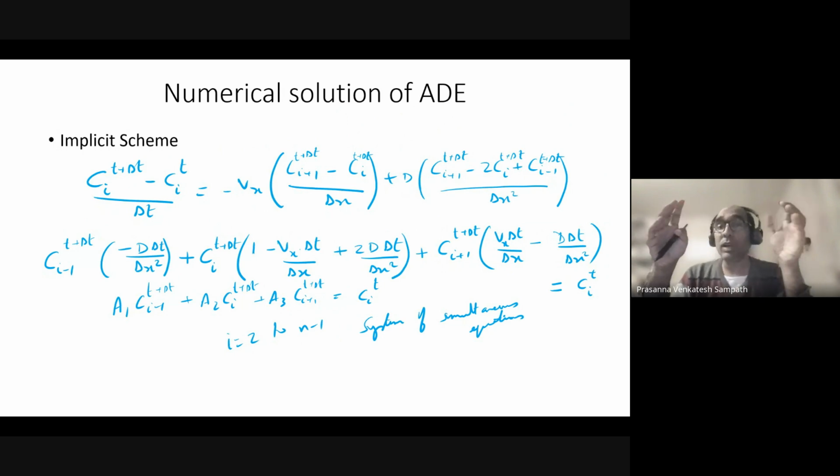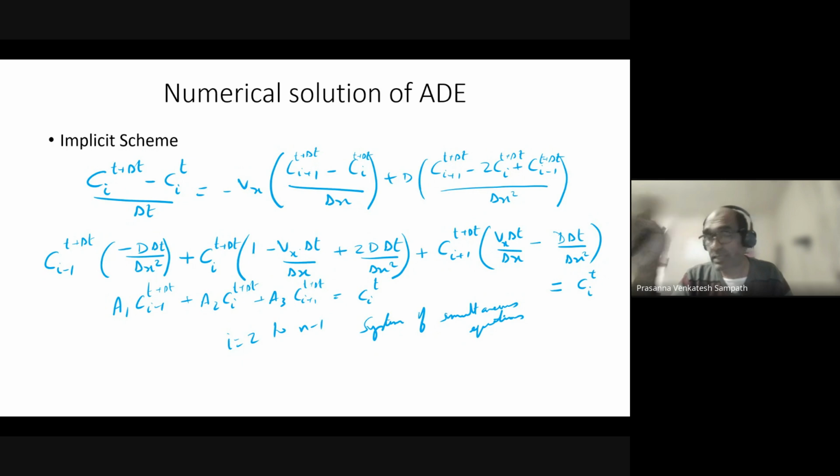So you cannot solve this equation using the traditional approach, where you have these different coefficients of the different terms, Ci minus 1, Ci, and Ci plus 1. Although you can calculate those coefficients, you can't solve them sequentially.